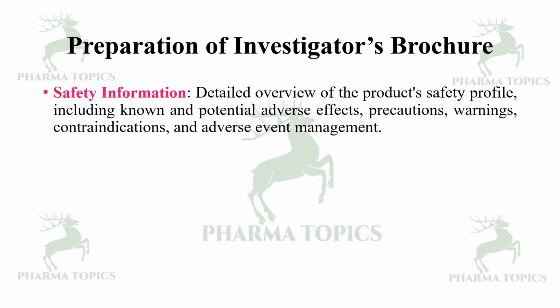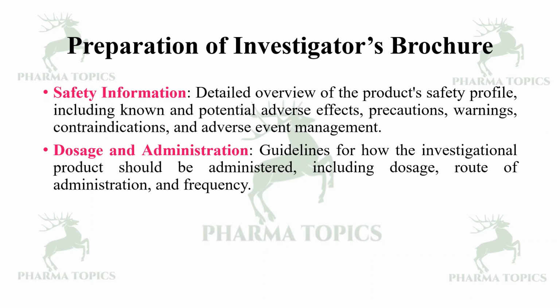Then safety information. The investigator's brochure should have a detailed overview of the product's safety profile, including known and potential adverse effects, precautions, warnings, contraindications, and adverse event management. Then dosage and administration. The IB should have guidelines for how the investigational product should be administered, including dosage, route of administration, and frequency.